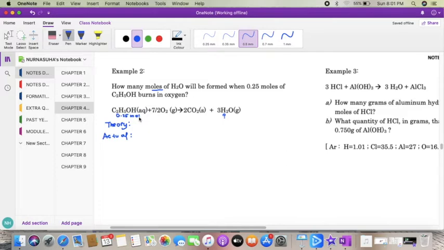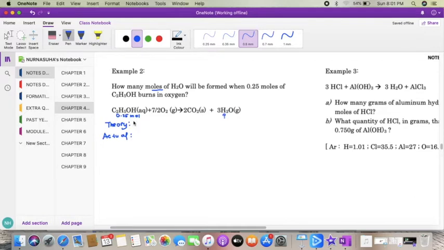So, sekarang soalan fokus dekat etanol dengan air. Soalan langsung tak ada sebut tentang oksigen dengan carbon dioxide. Therefore, kita boleh ignore these two molecules. So, we are going to focus on ethanol and water.